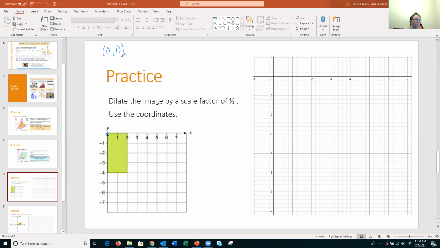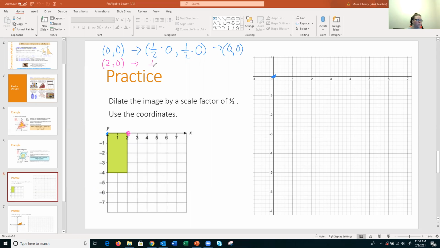If we multiply both of those by 1/2, 1/2 times 0, 1/2 times 0, you're just going to get 0, 0. So that piece won't change. It's still going to be 0, 0 right there. All right, let me switch colors. Let's do pink. The next coordinate is at 2, 0.